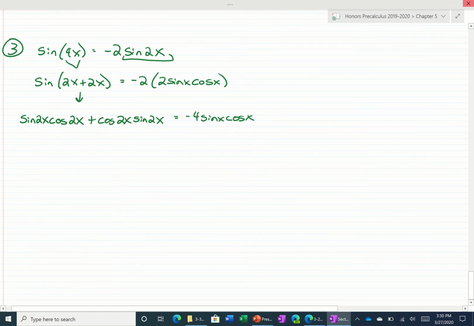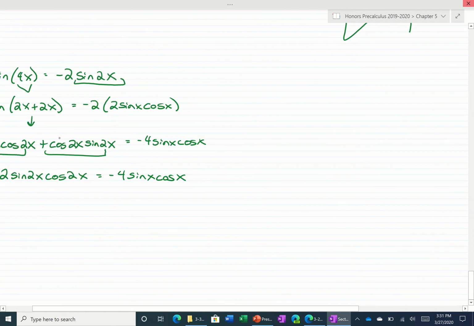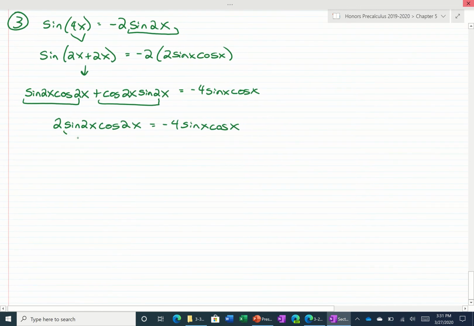At this point, let's see, what do we have here? This is actually the same thing, so we can combine like terms. And I'm going to be using a formula to further simplify this. The sine of 2x was 2 sine x cosine x.